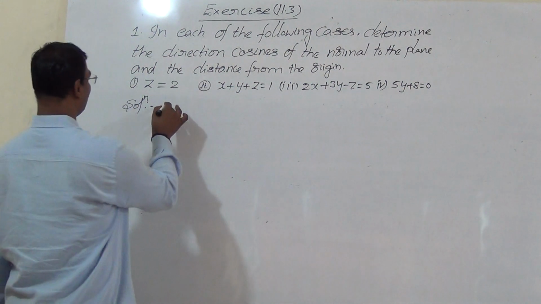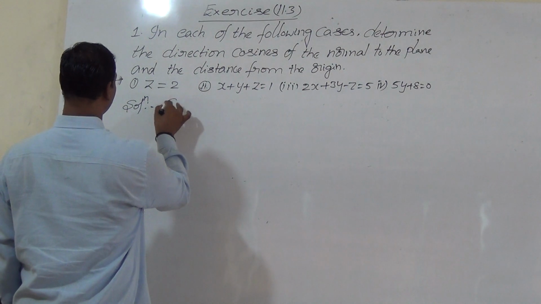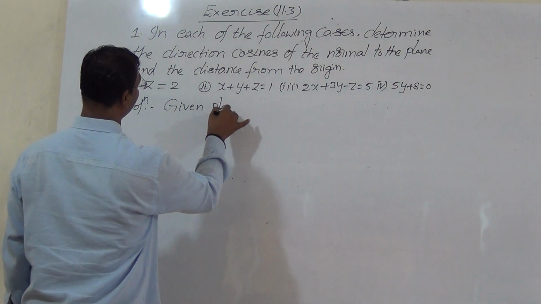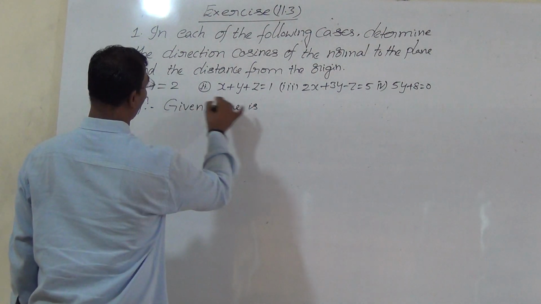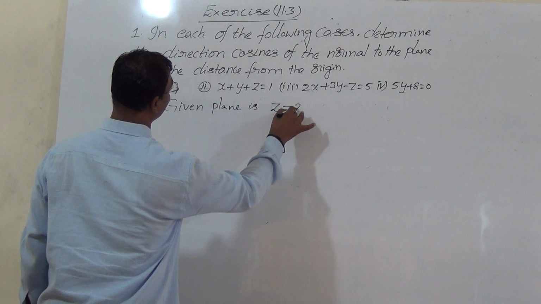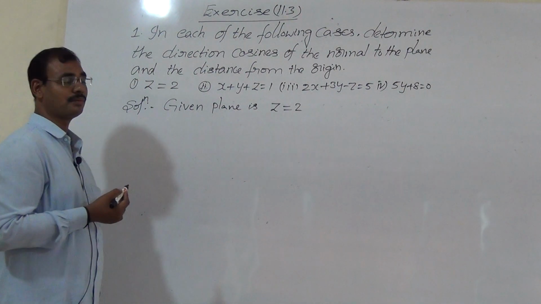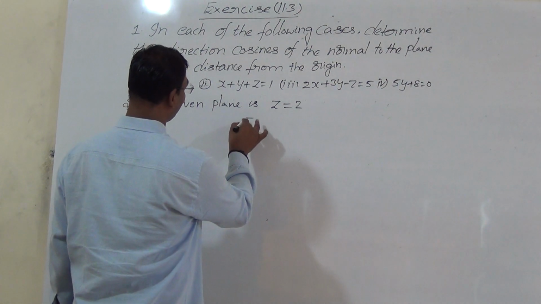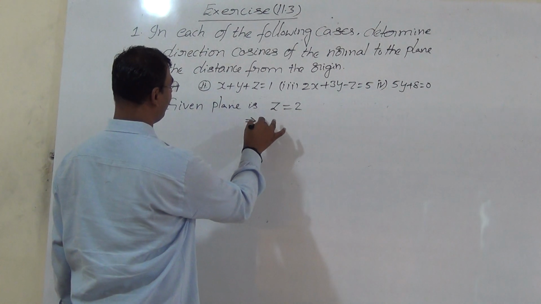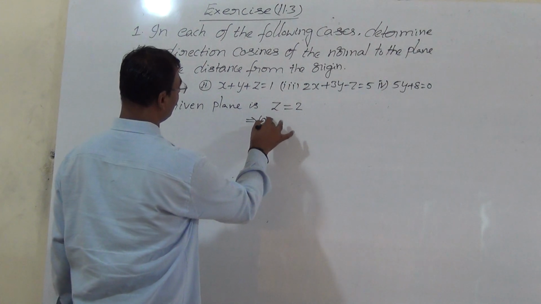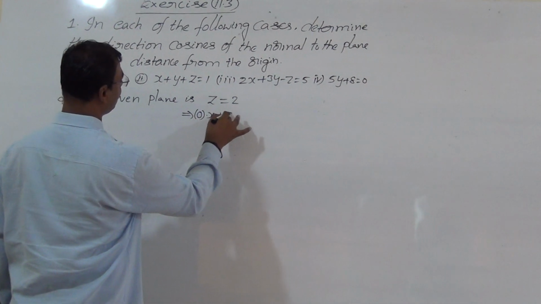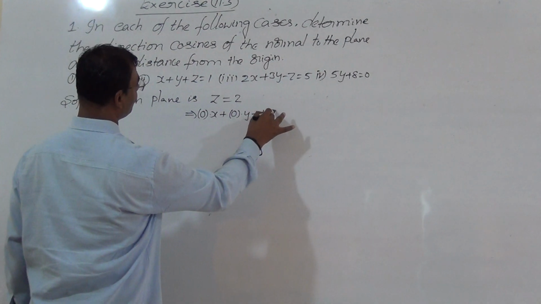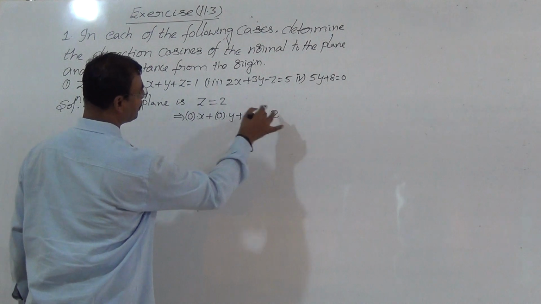Let us take the given plane: z is equal to 2. Listen to this point clearly. We have to write it in the standard form, so missing terms are always 0. So 0 into x plus 0 into y plus 1 into z is equal to 2.